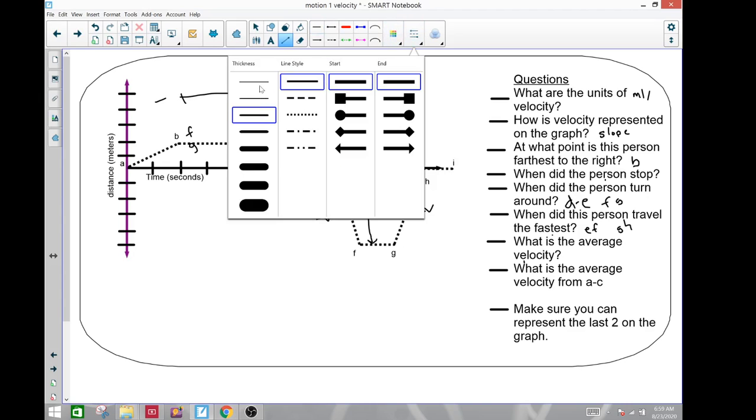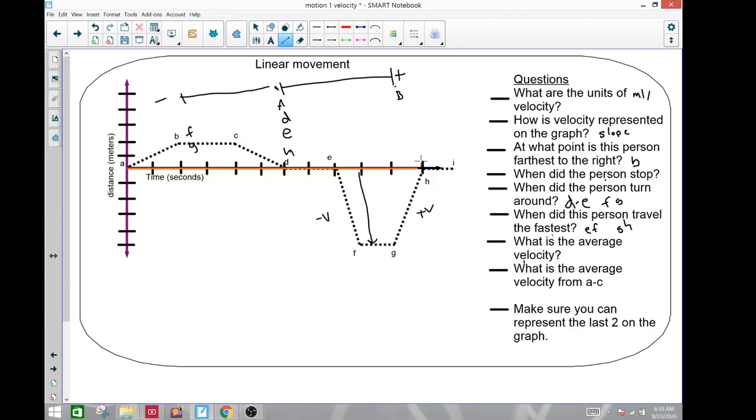As we mentioned, from start to end would be nothing, so my average velocity here is 0. What's my average velocity from A to C? Now that I can do right there. And there aren't any numbers here, so really it should say graphically. How do I do this?